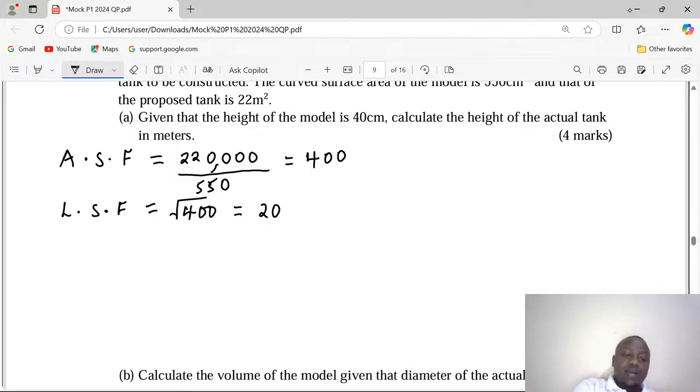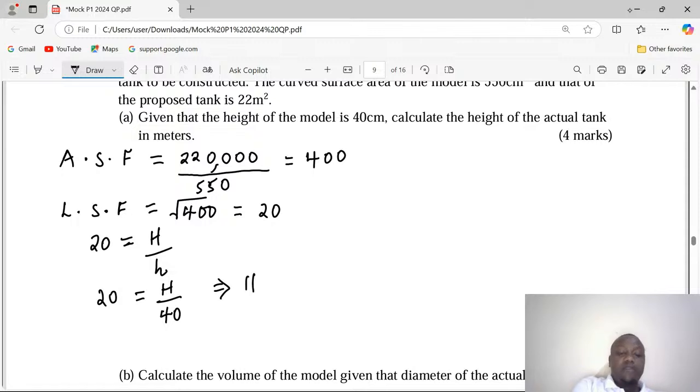So we'll say that 20, which is the linear scale factor, will be given by the height of the larger divided by the height of the smaller. But the height provided is that of the smaller. So H over 40 equals 20. For us to get capital H, we multiply by 40 through, 20 by 40, giving us 800 centimeters.